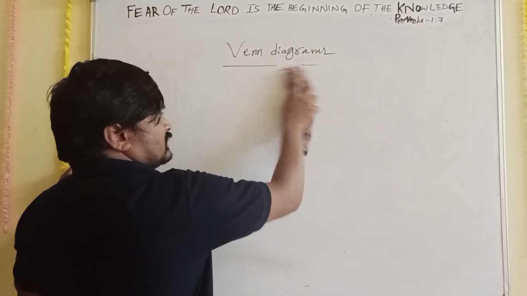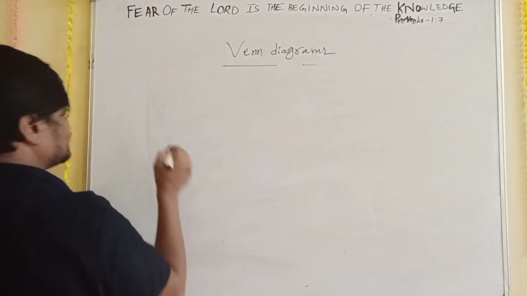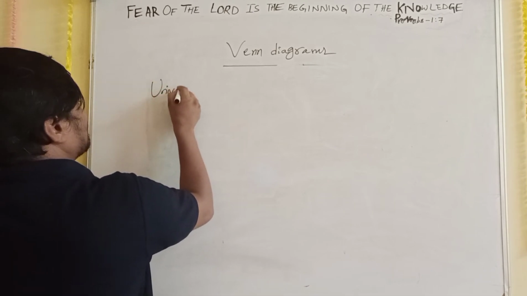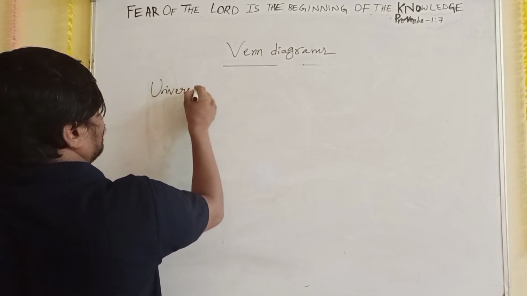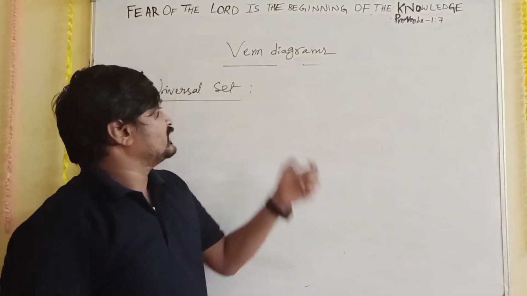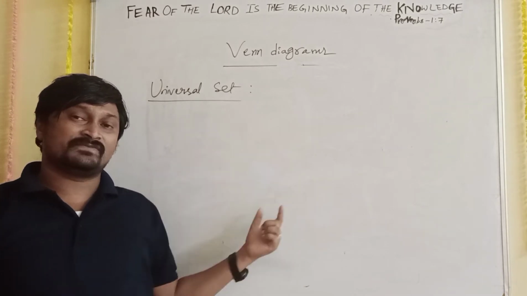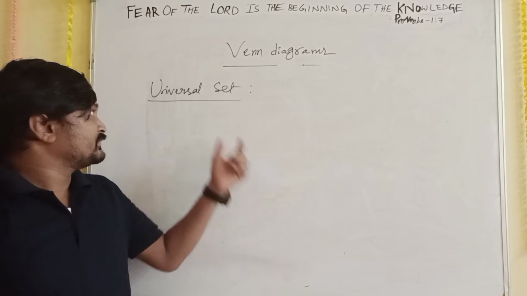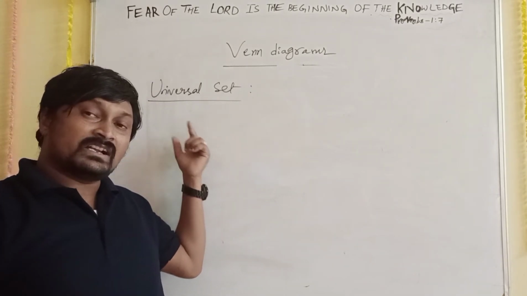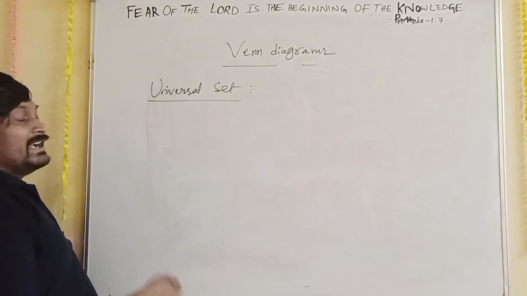First, what is the universal set and how do we represent it? You already know that all the subsets together form one set, and that is called the universal set. We discussed it previously. Now we need to discuss how to represent it in a diagrammatic form.